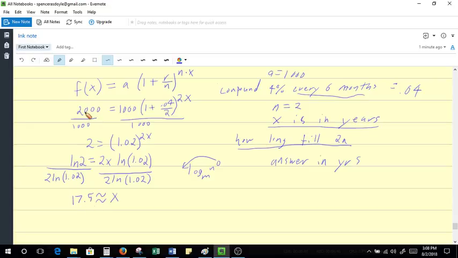Well, we needed to double the value. At 17, the value is beneath 2000, and at 18, it's above. So when you get problems like this, if it's unclear to you, round to what makes sense. If we need to double our value, it's better to go a little bit over than a little under when we're looking at return on an investment. So in that case, we would round to 18.